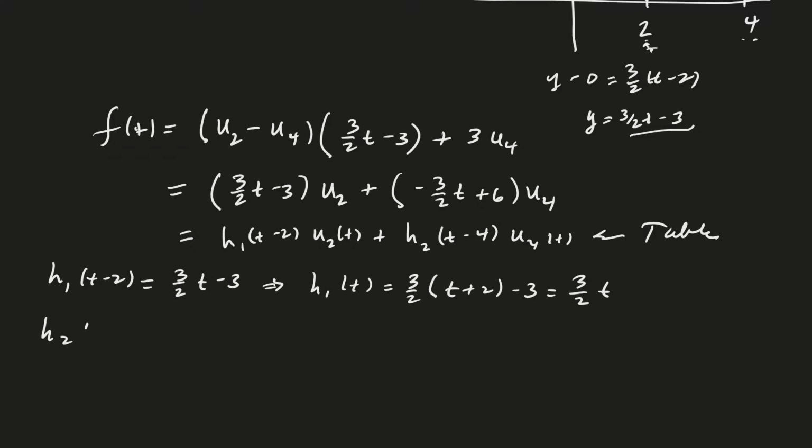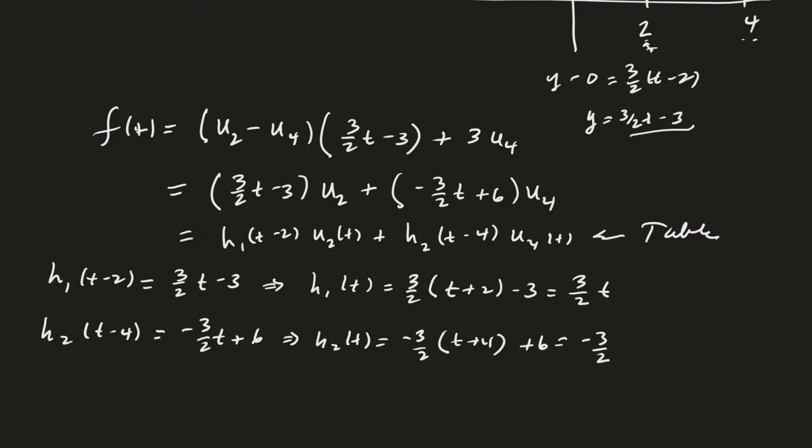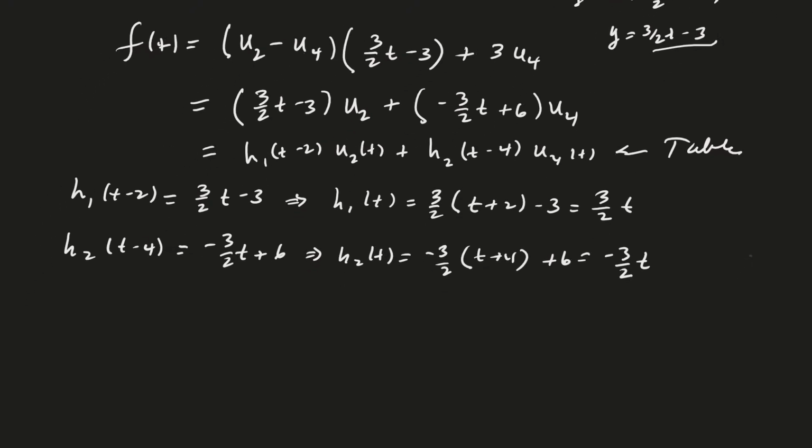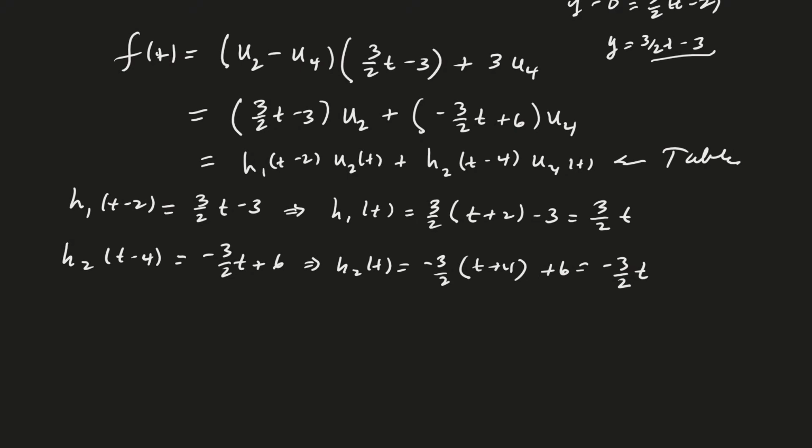And then h2 of t minus 4 we want to be minus 3/2 t plus 6. Therefore, what is h2 of t? I'm replacing t by t plus 4, plus 6, and that is minus 3/2 t, minus 6 plus 6. Very nice. Good.